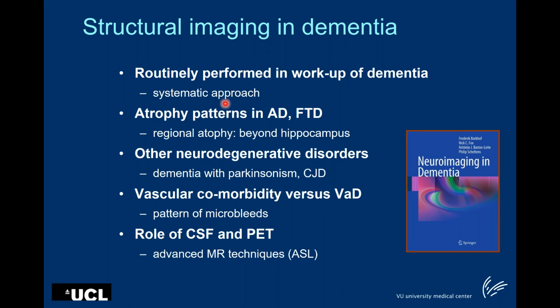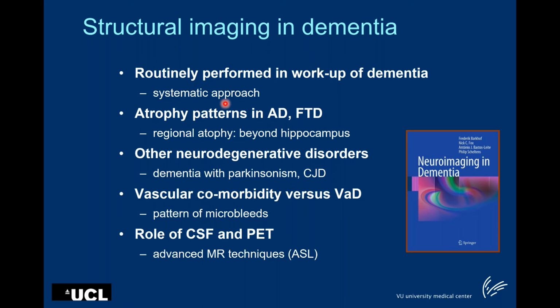So I will talk briefly about when and why to do imaging in dementia, and how to sort of systematically go through it, what sort of features should we evaluate, and then talk about atrophy patterns in various diseases, especially AD, but also FTD.